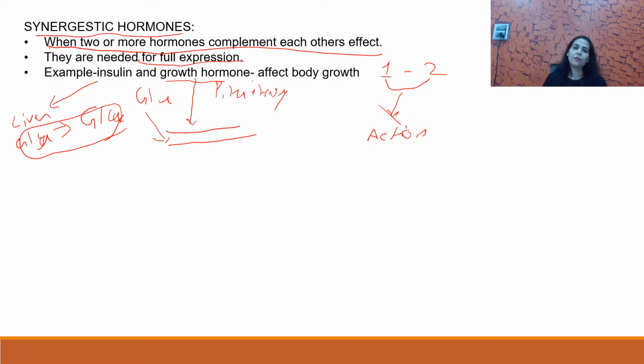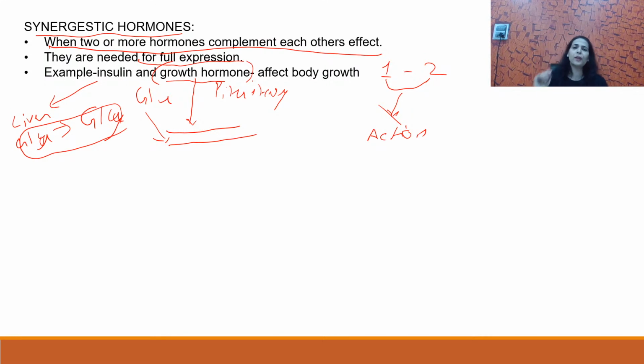So insulin is helping develop your liver by enhancing glycogen storage, and it is also providing glucose to all the body cells, and with the effect of growth hormone it is helping in developing the bones. So two hormones, growth hormone and insulin, are working together so that you grow and develop to your fullest by the time you are adult.